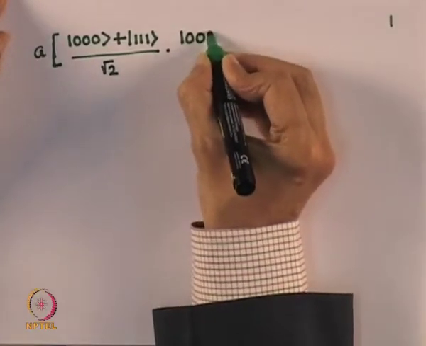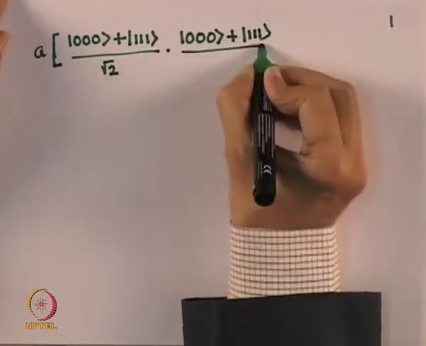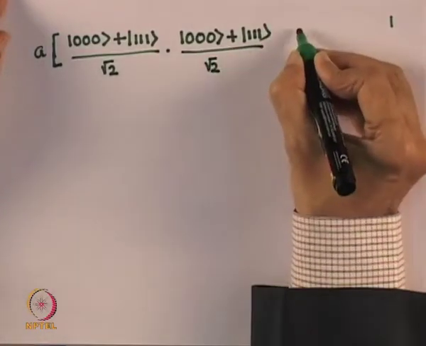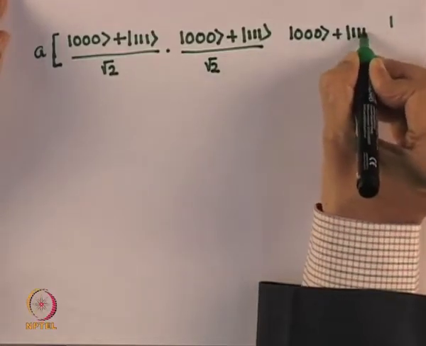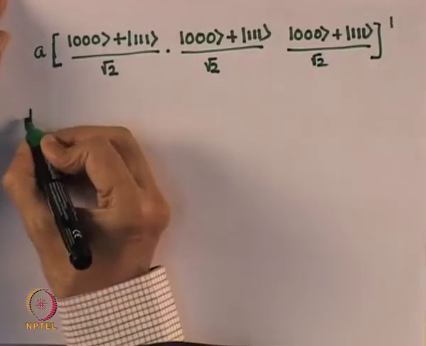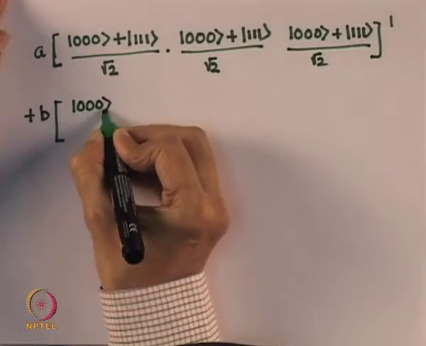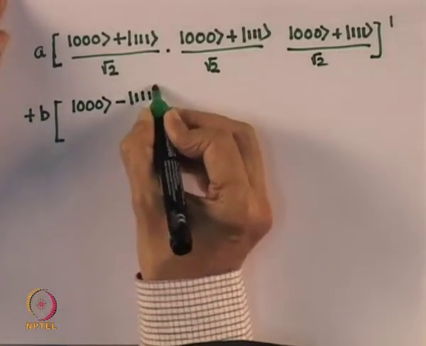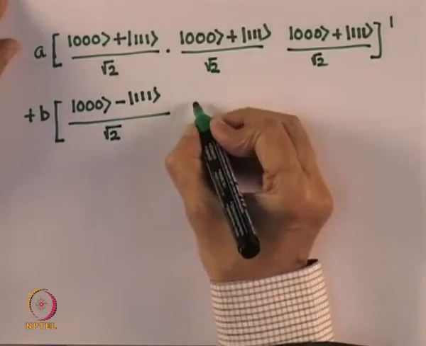That's how we have 9 qubits. So this is my coding. Plus B times 0 0 0 minus 1 1 1 by square root of 2, written 3 times. That's the minus minus minus bit.